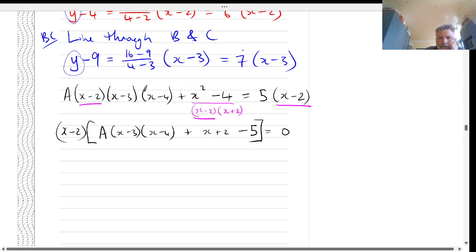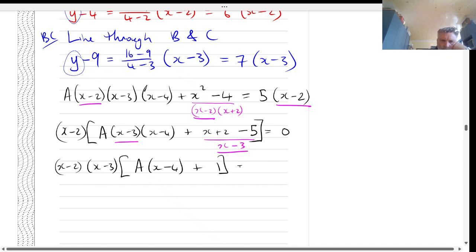Now this is x − 3, so I can factorize an x − 3 out. So we get (x − 2)(x − 3)(a(x − 4) + 1) equal to 0. So this is 0, this is 0, or this is 0.